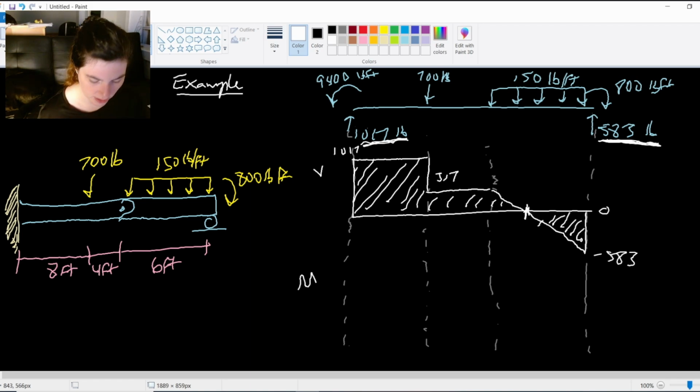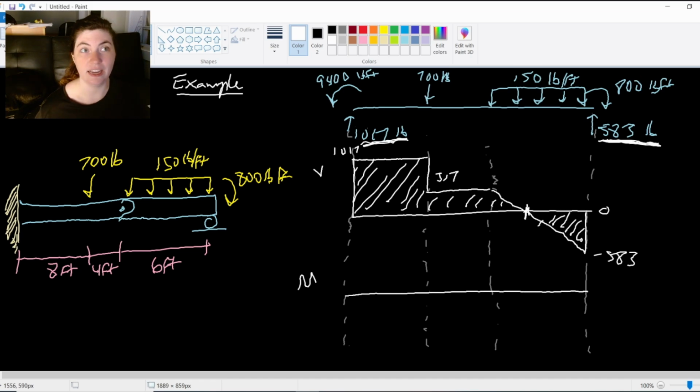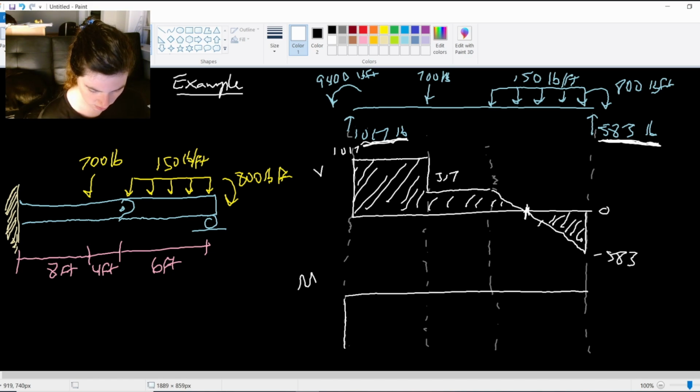For my moment diagram, now I can draw this guy in here. Now I have an applied moment at my end. Because of that fixed end, on the left hand I immediately have a 9,400 pound-foot applied moment. That's counterclockwise, which means it's going to knock it downwards by 9,400. So boom, negative 9,400, immediately starting out.